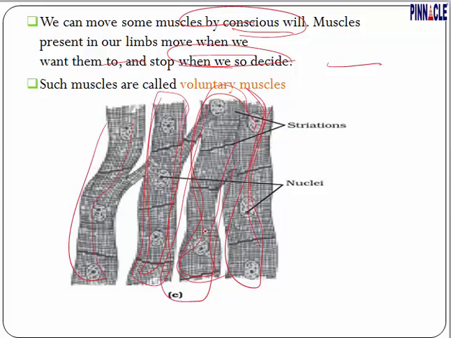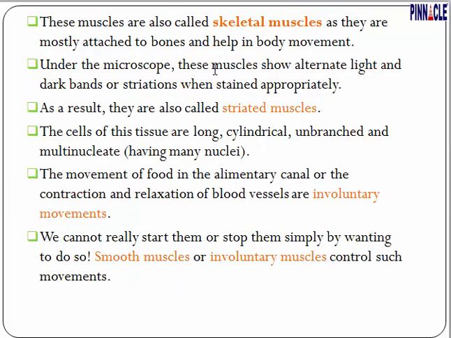So see the diagram: these are nuclei, the structure of muscle cells, and these are striations. These muscles are also called skeletal muscles, as they are mostly attached to the bones and help in body movement.